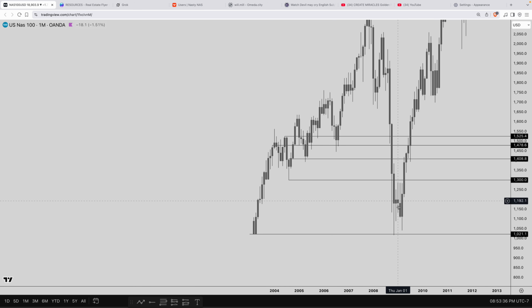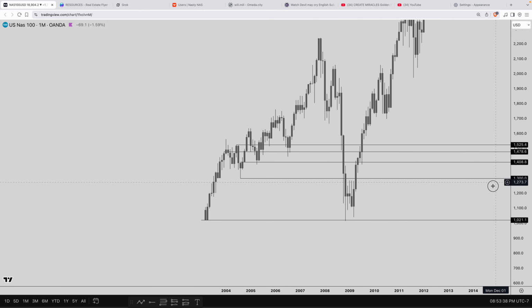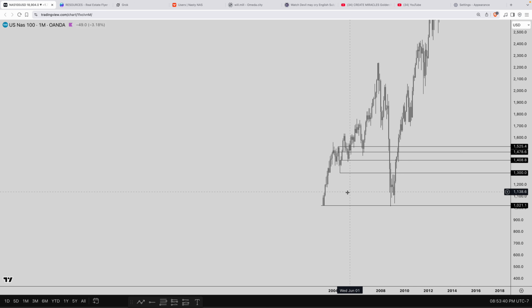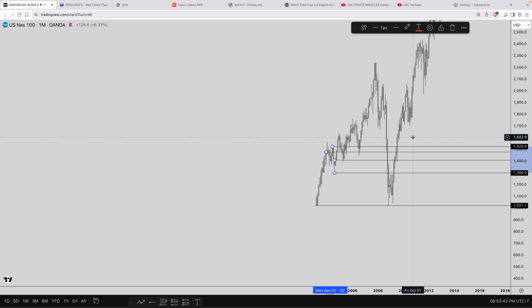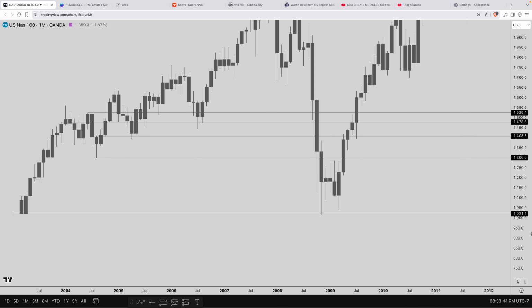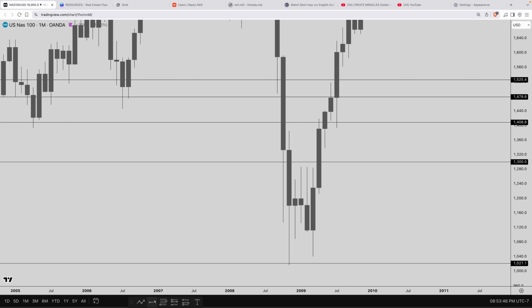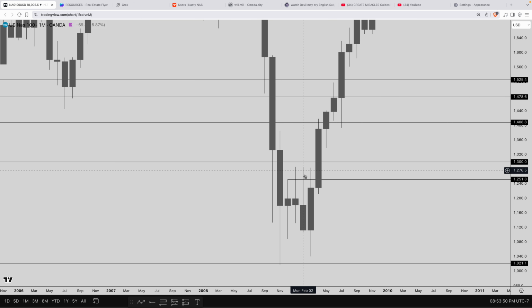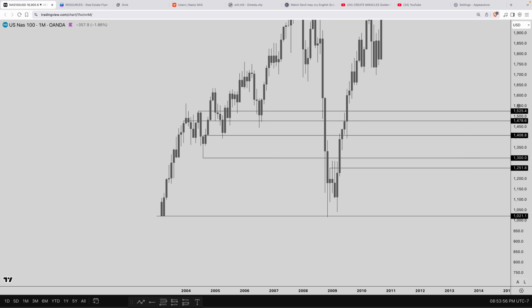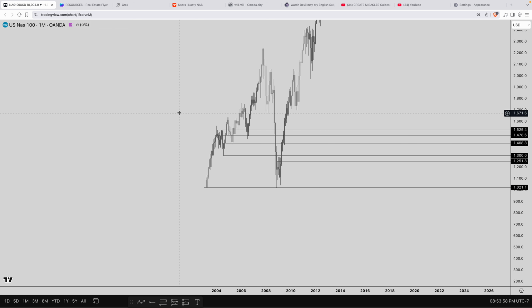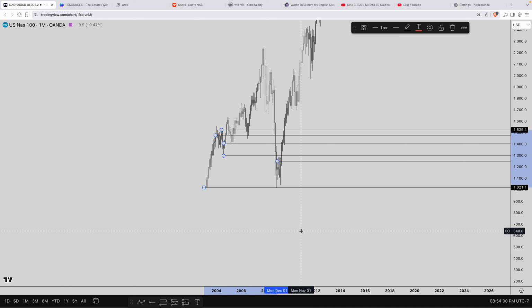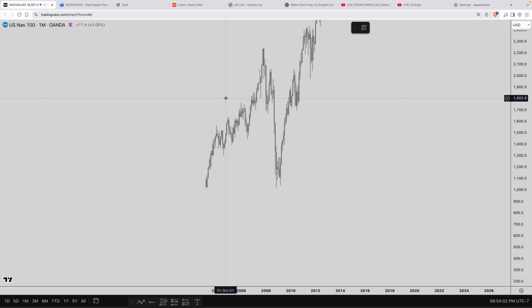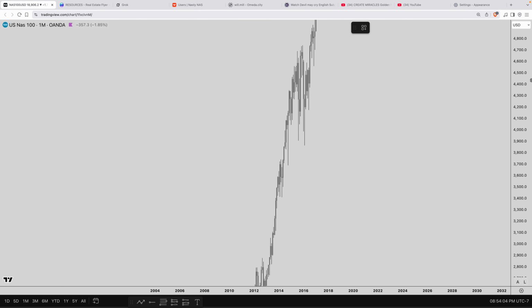Eventually came back even lower. That's fine, right? This whole area was valid, and there was even more evidence here, more structure that we broke. Tried to break it a few times, couldn't quite do it, finally did. Never got the retest. But again, this is the monthly time frame. The deeper you dive, the more you'll see. You'll see the same thing that we just marked up over and over as you dive deeper.